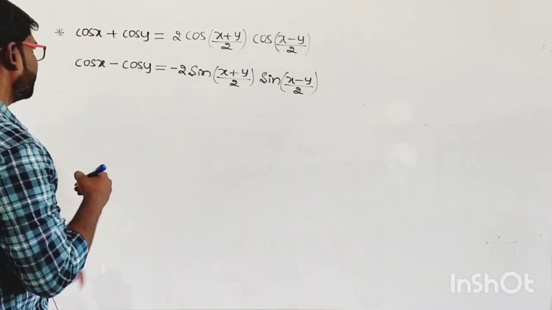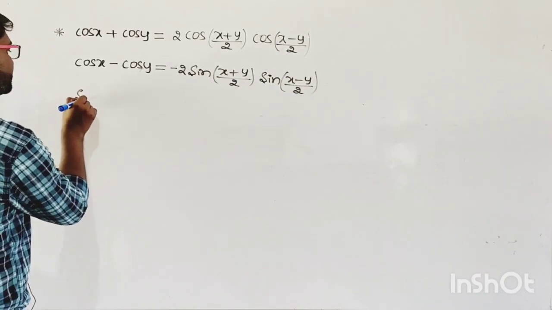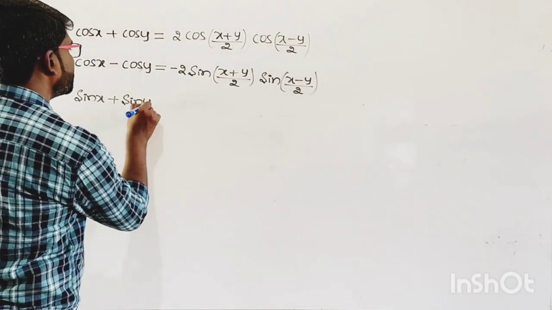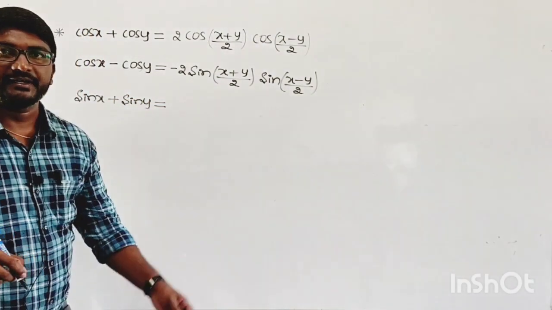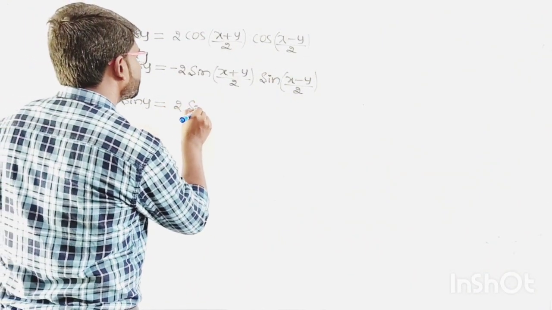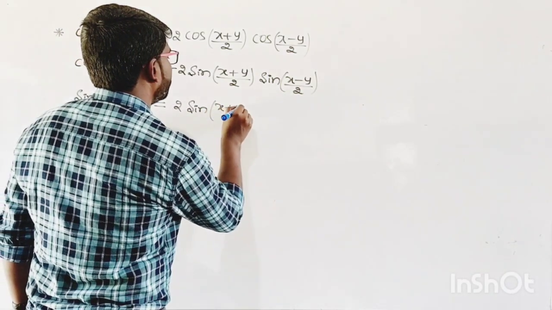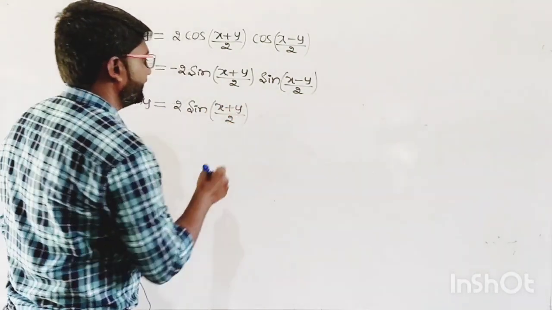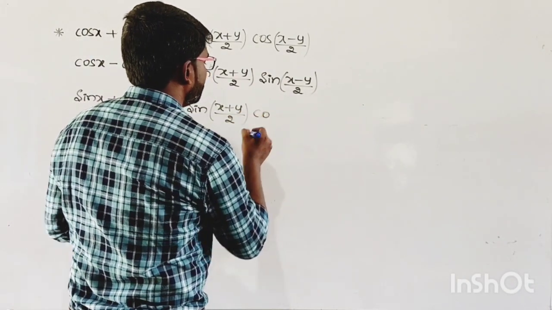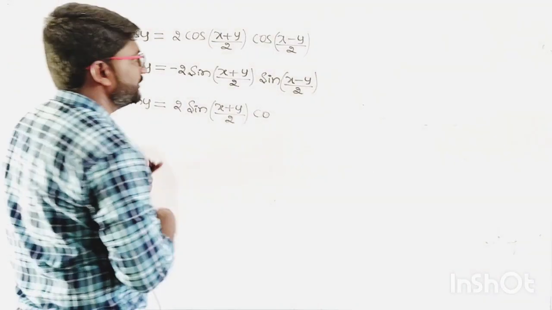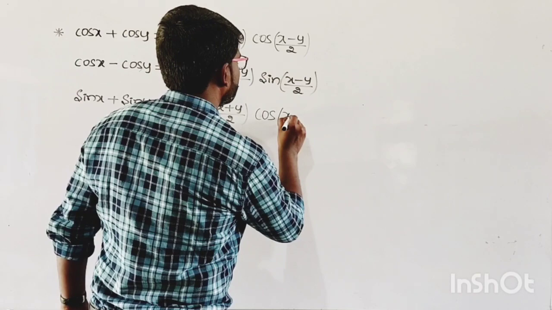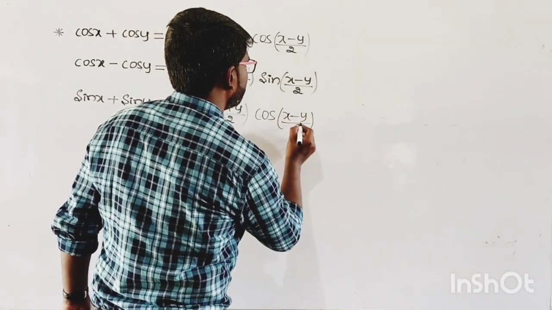Now the next one is sin x plus sin y. Then the formula is going to be 2 sin (x plus y) by 2 into cos (x minus y) divided by 2.